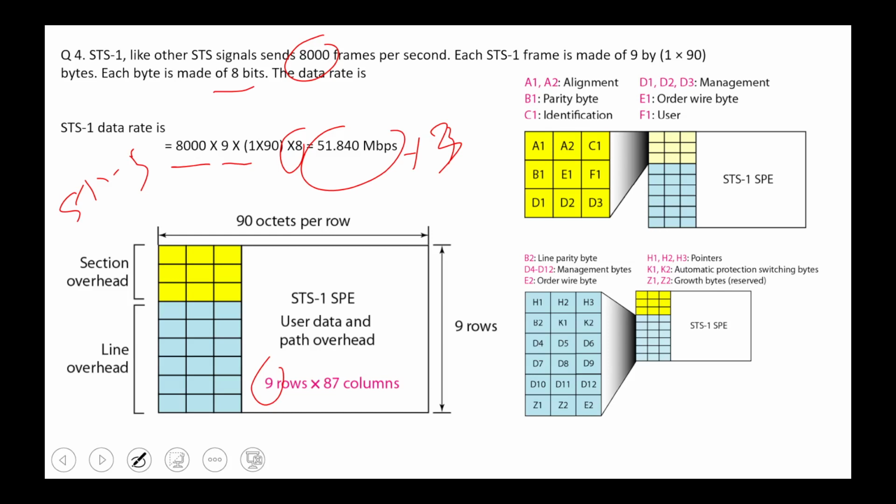What do you mean by synchronous and asynchronous? You tell me: synchronous optical network, and SDH is the synchronous digital hierarchy, that is the full form. What is the meaning of synchronous and asynchronous? Synchronous means simultaneous, with the same clock.